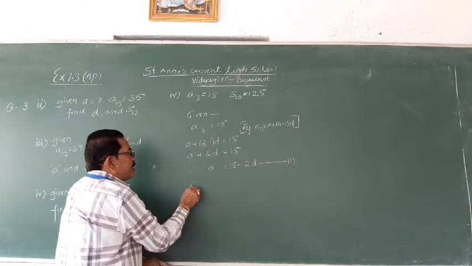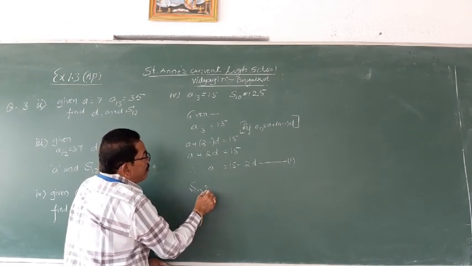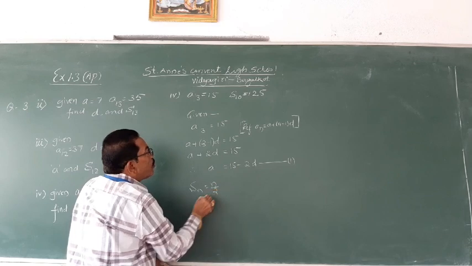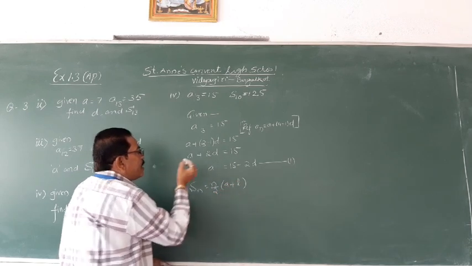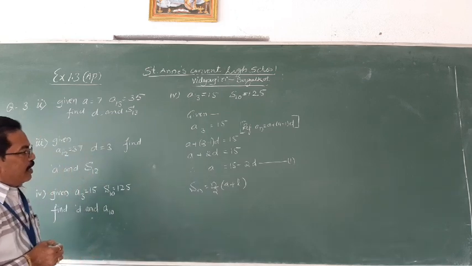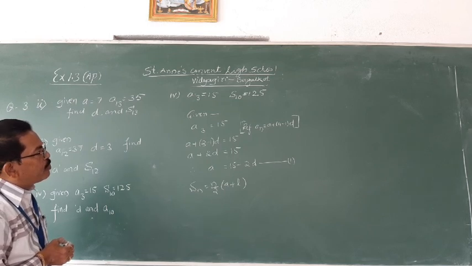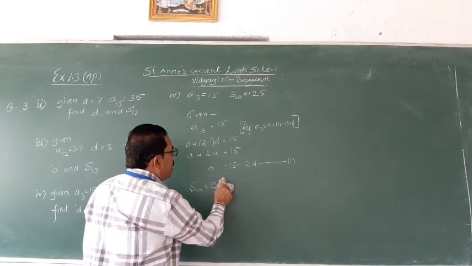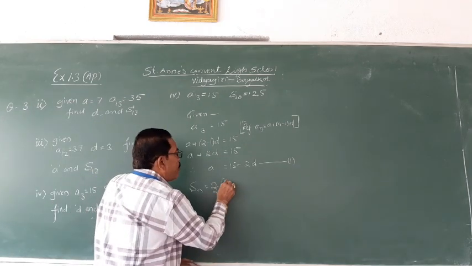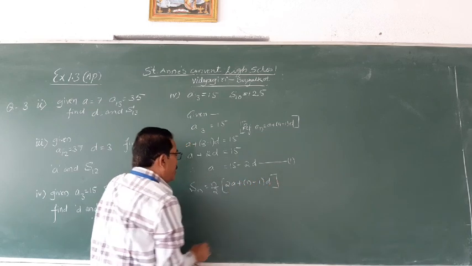Now Sn equals n by 2 in the big bracket a plus l. Let us consider the last term a10, where n is 10. It is better to use the direct formula: Sn equals n by 2 in the big bracket 2a plus (n minus 1) into d.